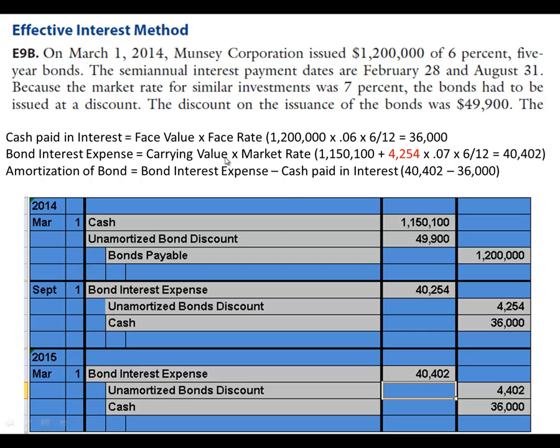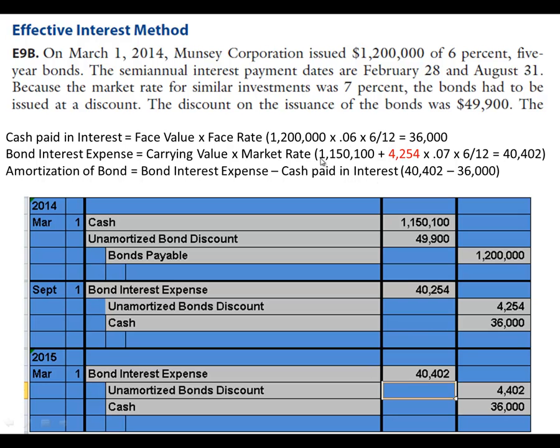So our new carrying value is going to be our previous carrying value plus the amount that we credited to our unamortized bond discount. Now I just want to say that we are dealing with a discount. In a premium, you would subtract here, because the goal is to get our carrying value to equal our face value amount in the end.